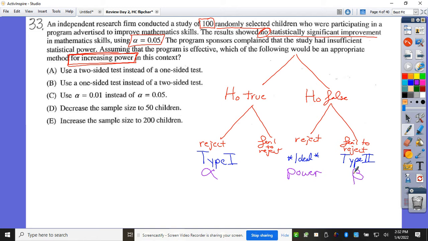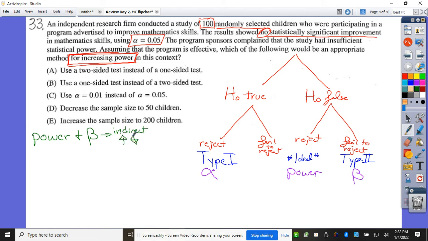Alright, so associating this again, power and beta are on this same piece over here, which means as one goes up, the other one goes down. So power and beta have what kind of relationship? I usually say it this way, indirect, which is negative correlation.